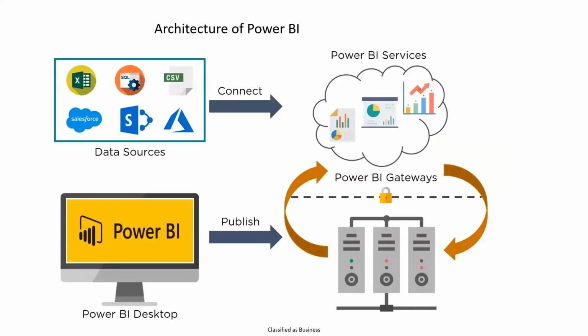So how many source systems will you get connected? In real time also, we will try to connect 3 to 4 different data source systems as per the requirement. For example, an Excel file, or if I'm trying to connect to the Oracle database, I'm going to connect it, or with SQL Server I'm going to pull some tables from SQL Server, or maybe some other cloud environment, Azure Blob Storage or Azure Data Lake Storage.